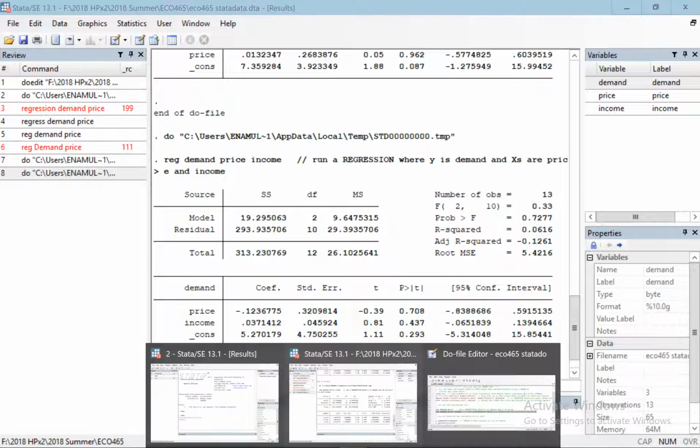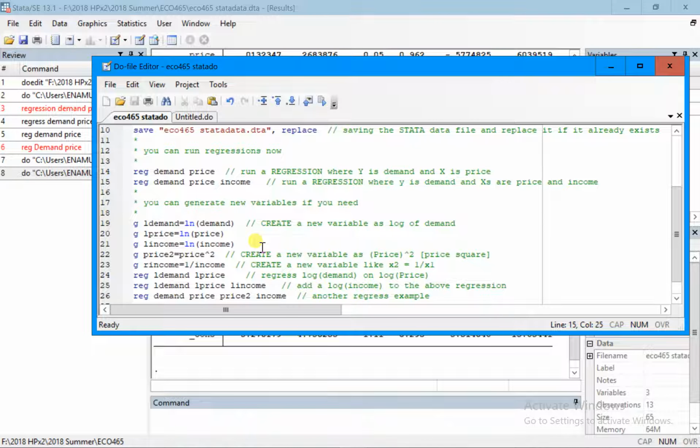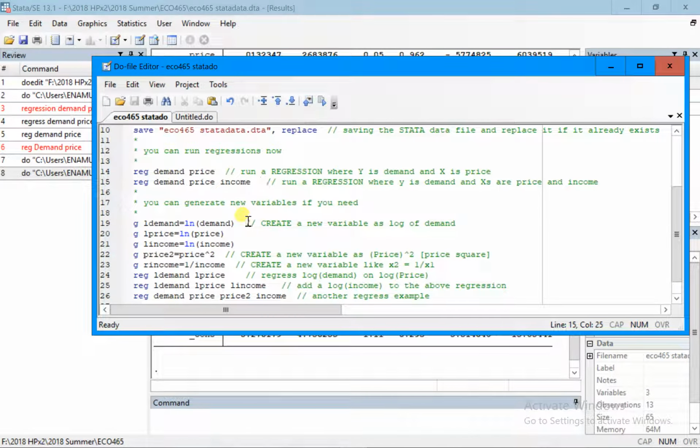So what I have shown you using the do file is that instead of writing in the command window, I can write there and keep a record of what I have done. Now, this is for you, this is your third lesson. We can come back to the next one in a minute.